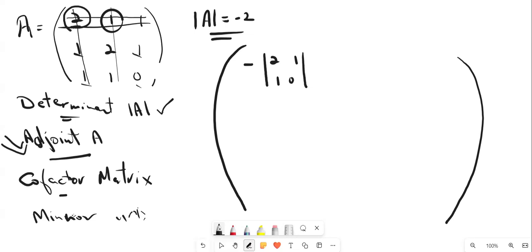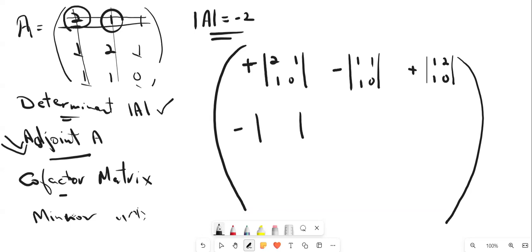Then we're going with a plus. Starting with a plus, then you go with a minus here: 1, 1, 1, 0. And then you go with a plus again: 1, 2, 1, 0. From here now you go with a minus, and you get 1, 1, 1, 0.